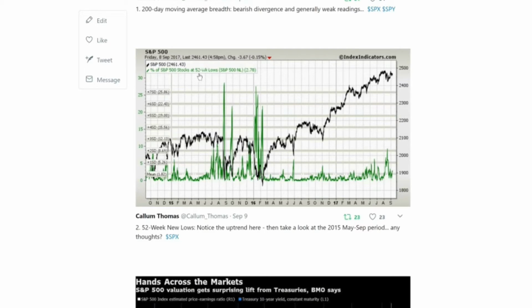The second one is another breadth chart, and this one is the percentage of S&P 500 stocks at 52-week lows. So this is one half of the 52-week new highs, new lows indicator. The reason I included this one is because I noticed there's, you could call it, an uptrend in 52-week new lows here.